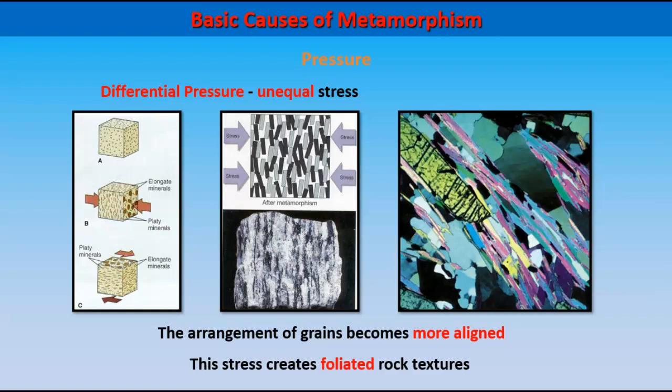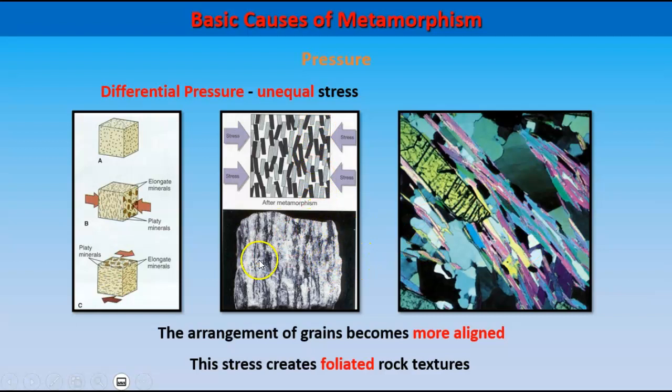They have a long axis and a short axis. So kind of like these little rectangles here. And with enough stress and some heat and some fluids, we can slowly start to align these elongated crystals perpendicular to the greatest stress. So they start to line up, and they start to form this layered look.